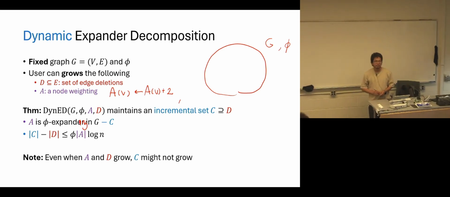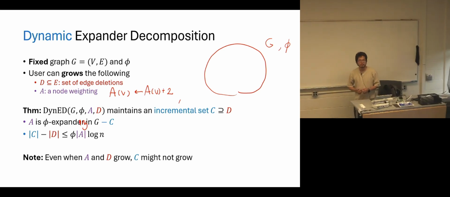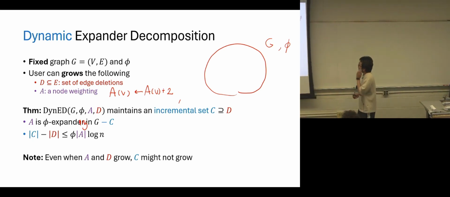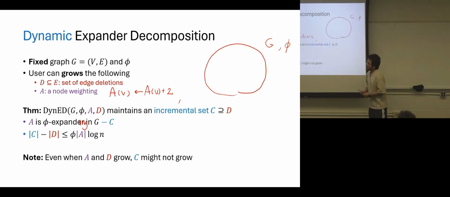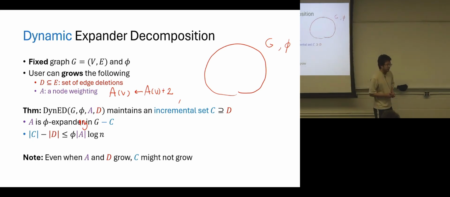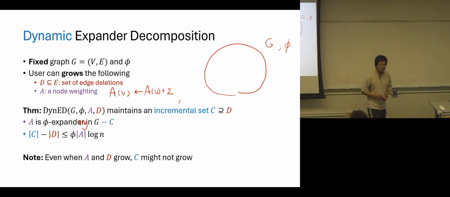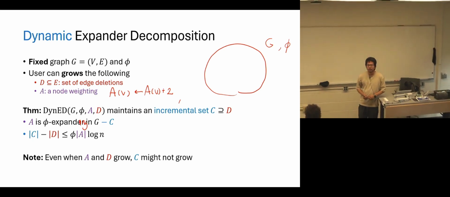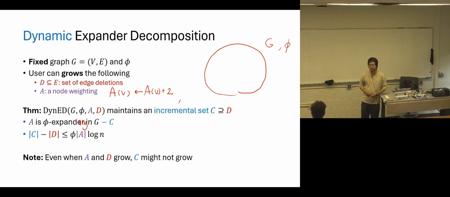Can we just do expanded decomposition in G minus C each time? Like before, every time there's an update, start with all the edges we're currently cutting as the initial thing, and then just look for sparse cuts in there.